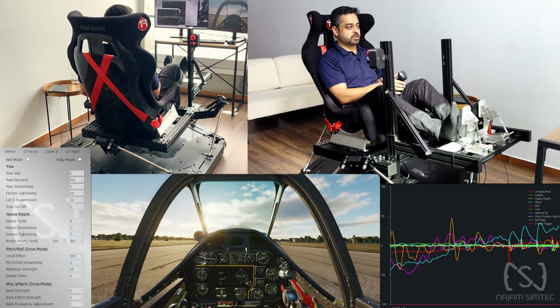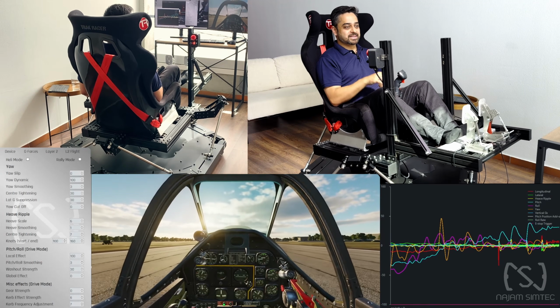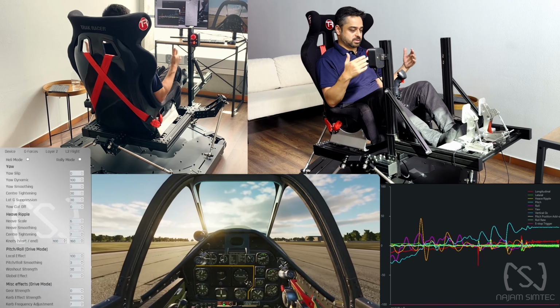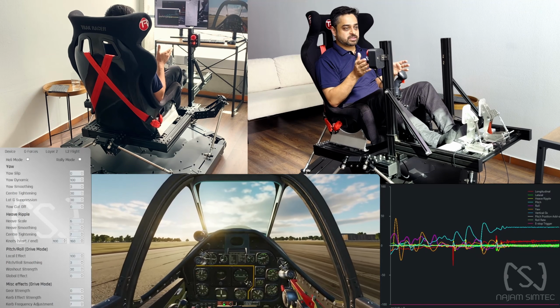I'm doing this on purpose so that you can see the suspension effects. And as soon as we land, you can see that now those engine vibration effects have started to creep back in.